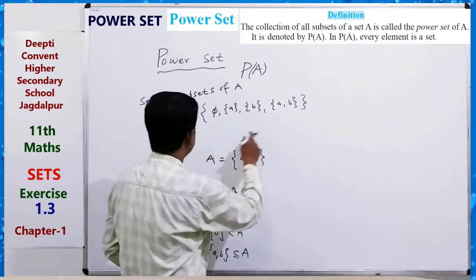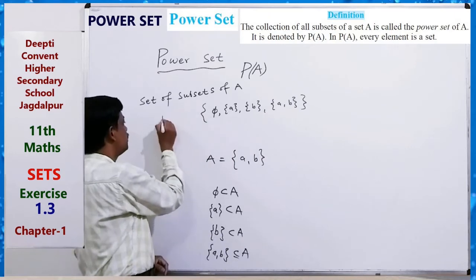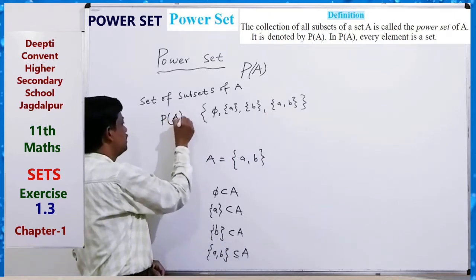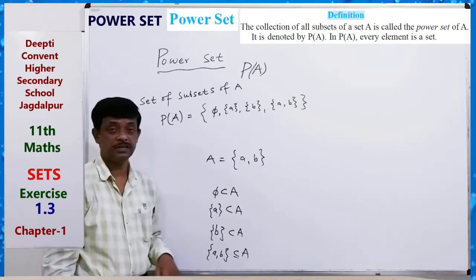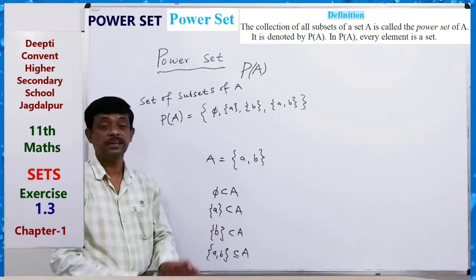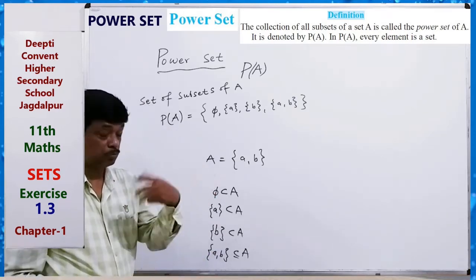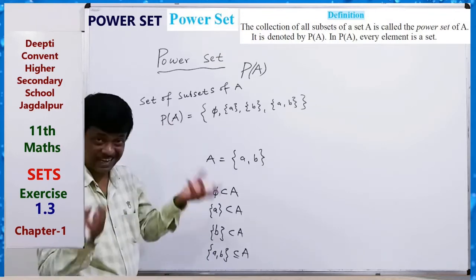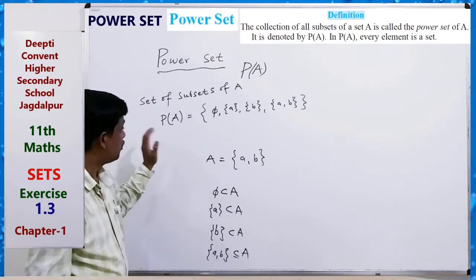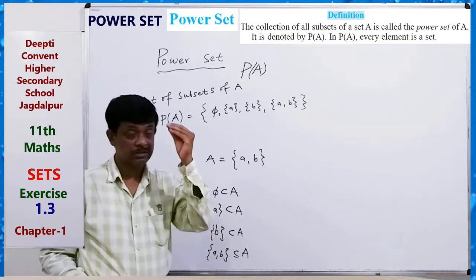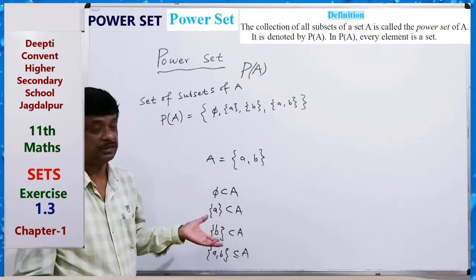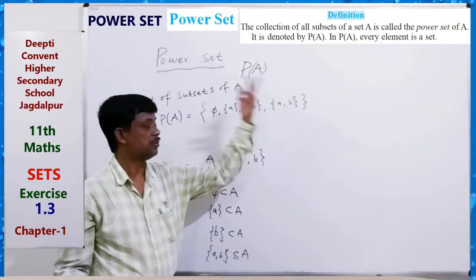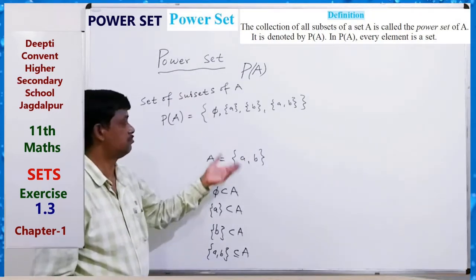This is denoted by the power set of A. What is a power set? A power set is a collection of all the subsets of a set A. Suppose A. Then the power set contains all the possible subsets of set A. We are listing these, making a set.